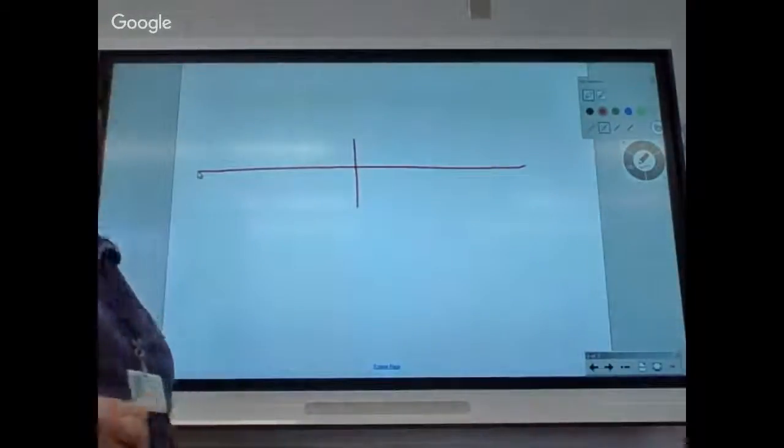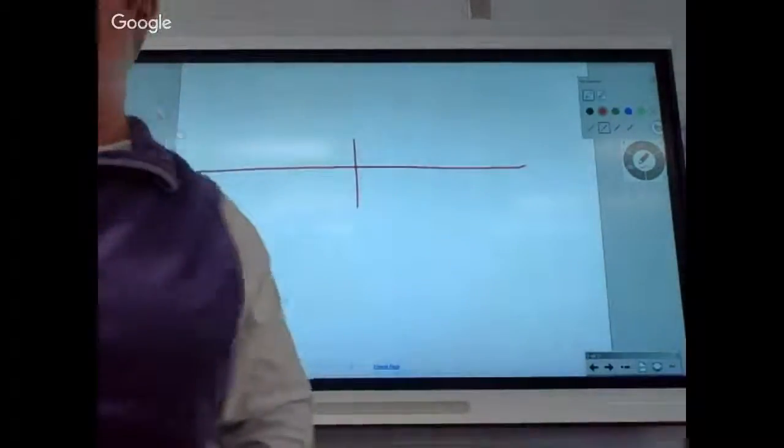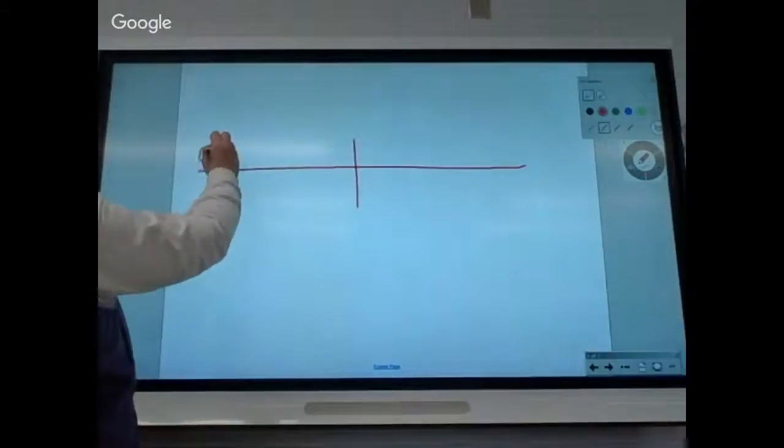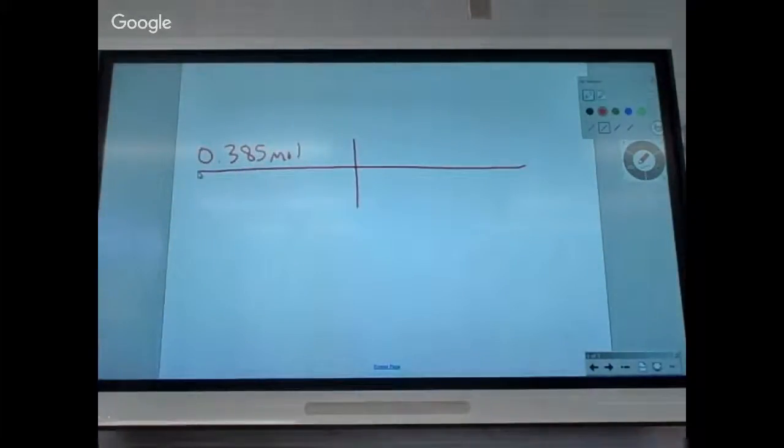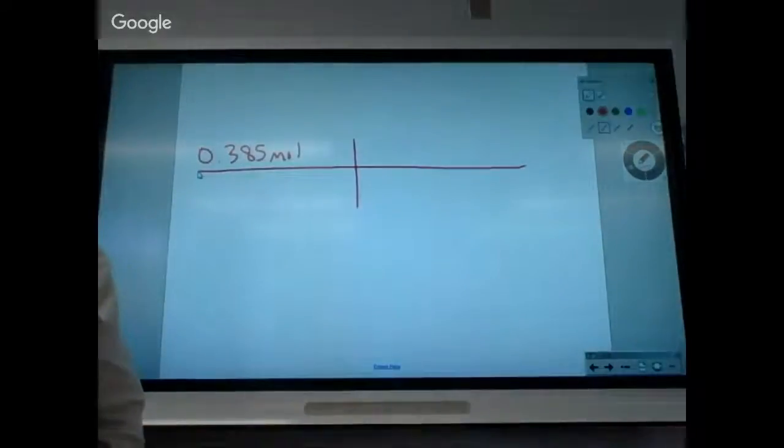Okay, you're looking for iron 3 hydroxide. All right, so now find the number. The number says 0.385 moles of what? Rosanna, this was your question. 0.385 moles of what? Potassium hydroxide. All right, so potassium we know is what symbol? Okay.